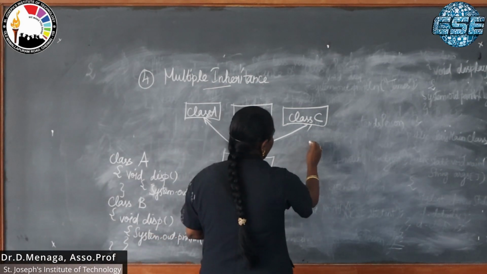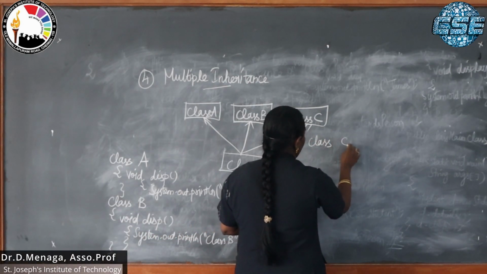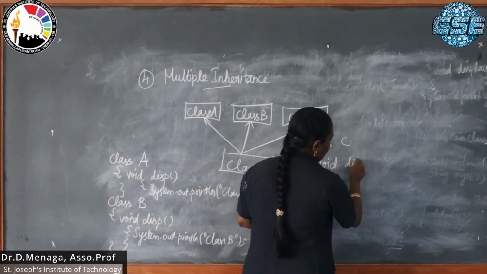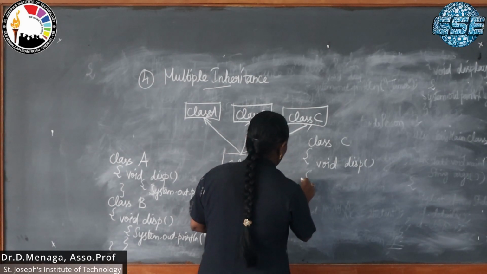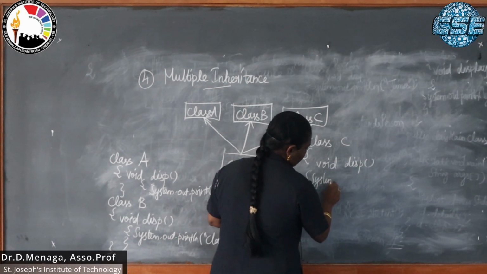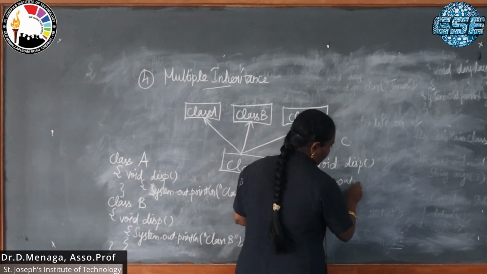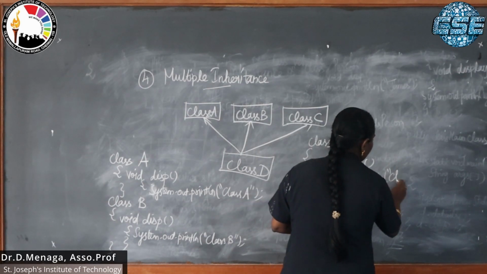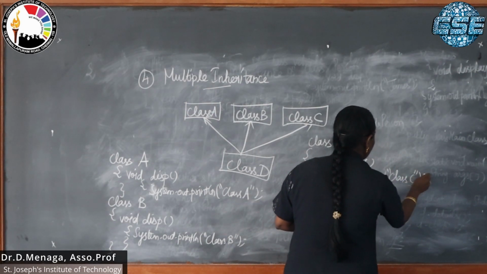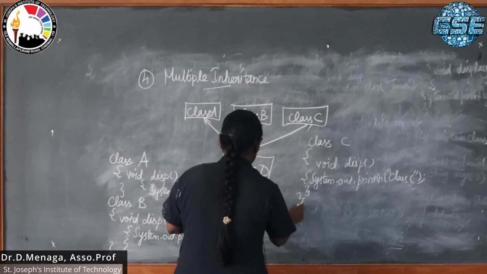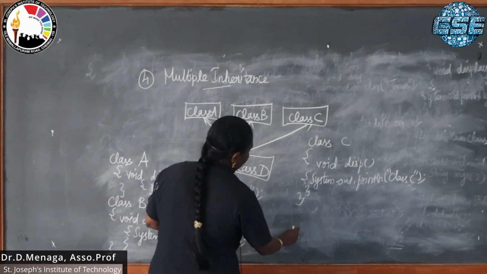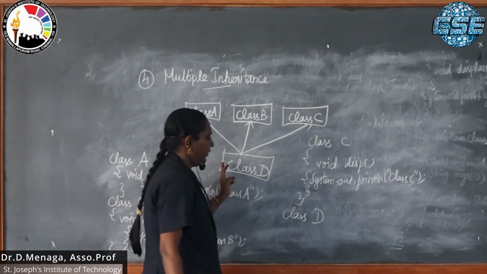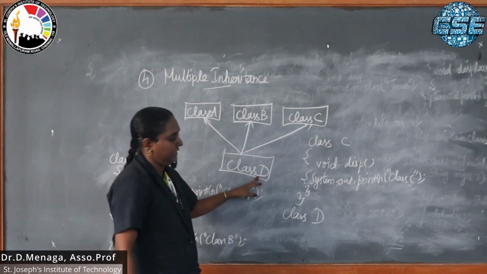And then the other class is class C. So I am going to create a class for this derived class D.